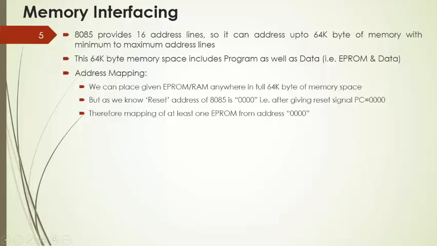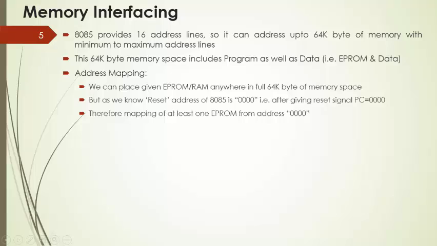But we know that the reset address of the 8085 microprocessor is 0000 hex. That is, after giving a reset signal, in the program counter you will find 0000. This 0000 indicates the starting address of the program. Therefore, at least one EEPROM must be mapped from address 0000 hex.